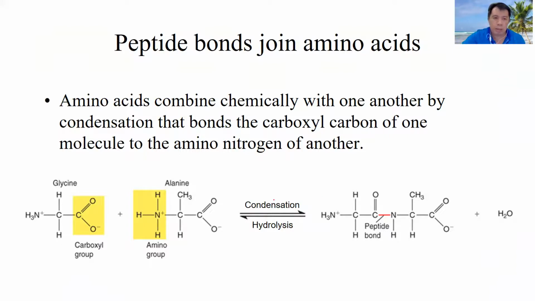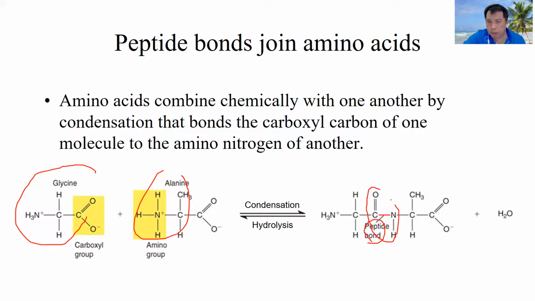The dipeptide is formed by two amino acids joined by a peptide bond. This is the peptide bond, or we can write the peptide bond like this, CO and then NH. Don't forget the water molecule, because this is condensation.